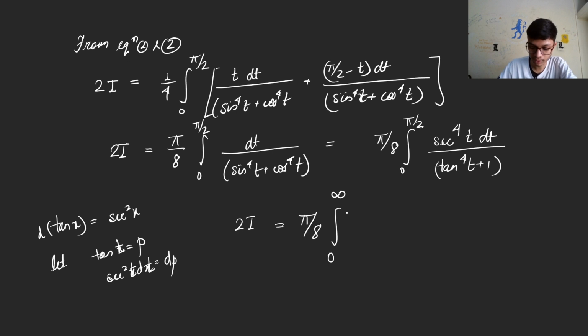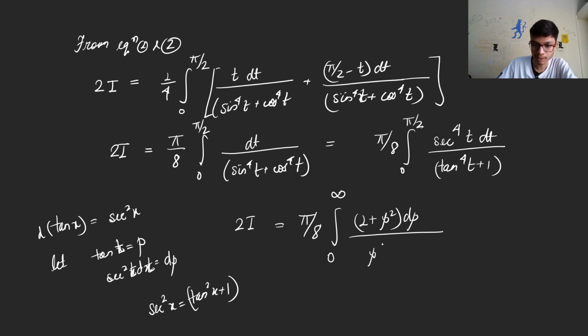Another thing that is very important is that sec square t will remain over here. Now I will apply the result that sec square x is equal to tan square x plus 1. This trigonometric identity I am applying over here, so I can write this as 1 plus p square dp, whole divided by p to the power 4 plus 1. Now this again simplifies the result.